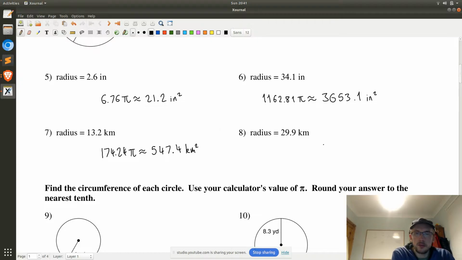And now 29 squared is 841, and 29.9 squared, well, think of it as 300 squared, which is 90,000, and then take away 300 to get 89,700, and then take away 299 to get 89,401, which when we adjust is 894.01.